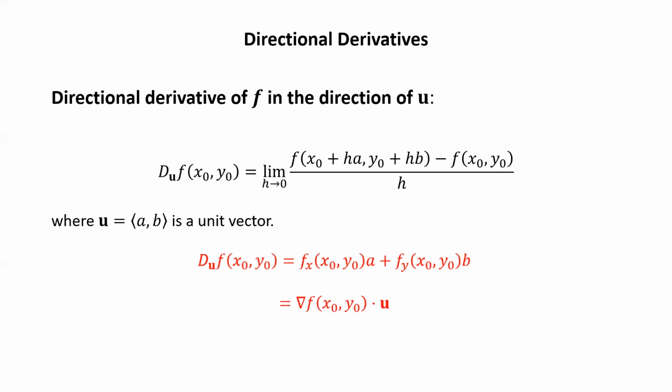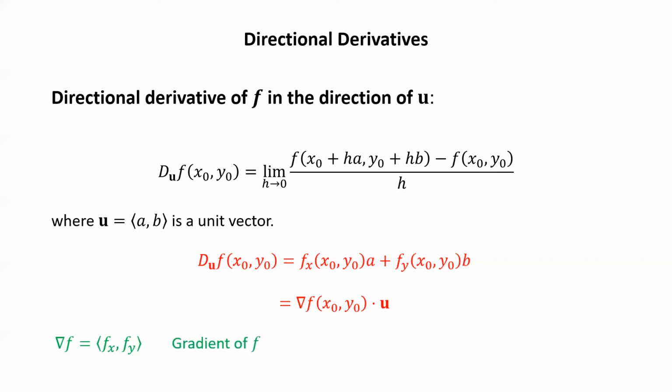That upside down triangle can be read del. It's the Greek symbol known as nabla, but we usually pronounce it del. And del f means the vector whose components are the partial derivatives of f. The first component is the partial of f with respect to x, and the second component is the partial of f with respect to y.